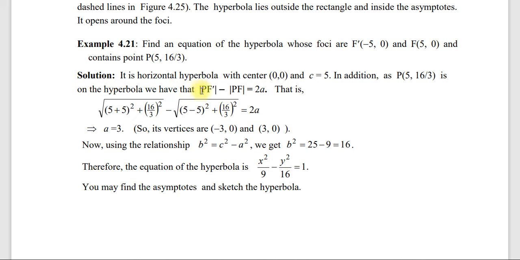We have that the magnitude of pf prime minus magnitude of pf which is equal to twice of a.